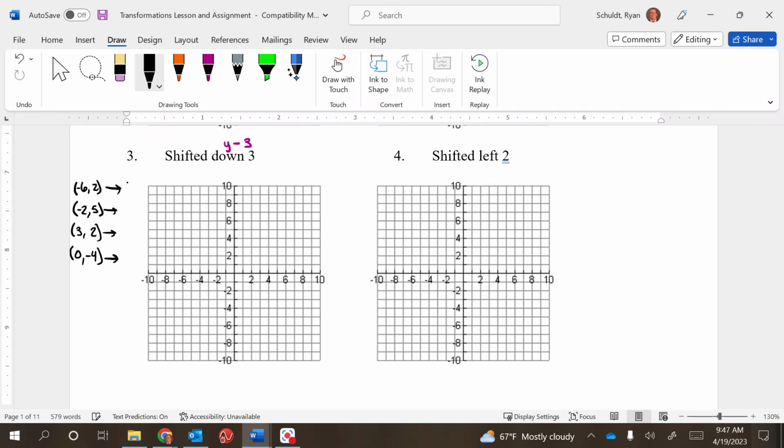The x's are all going to stay the same, so I'm just going to write them in because they're not changing.